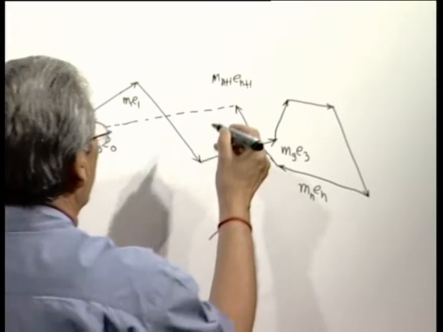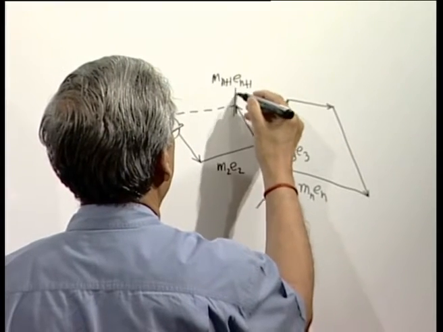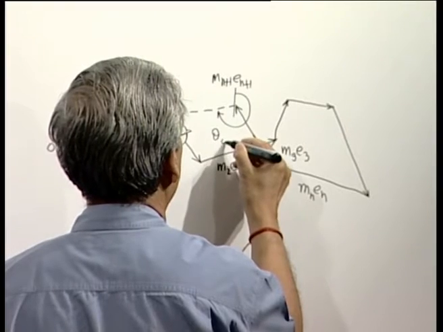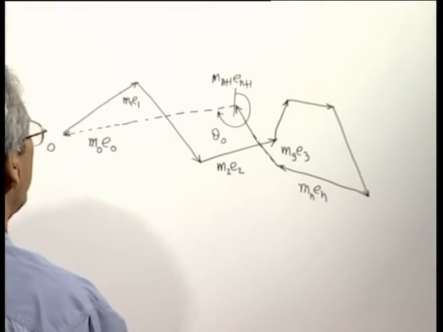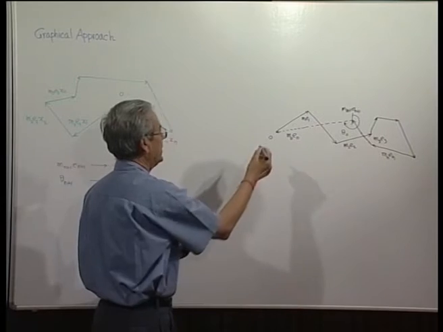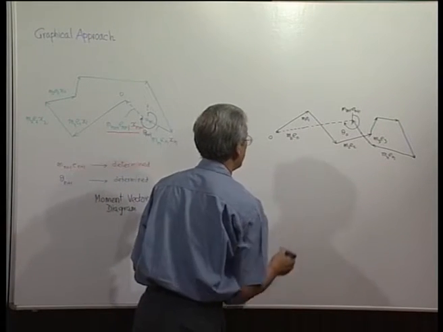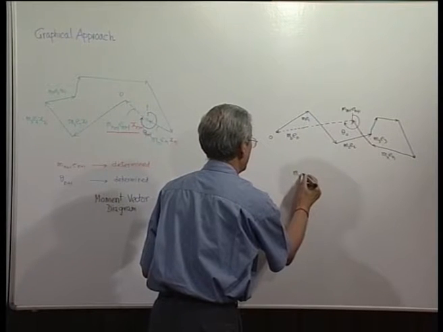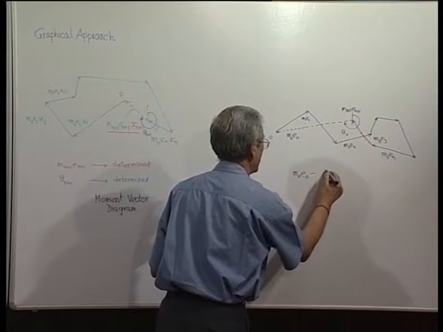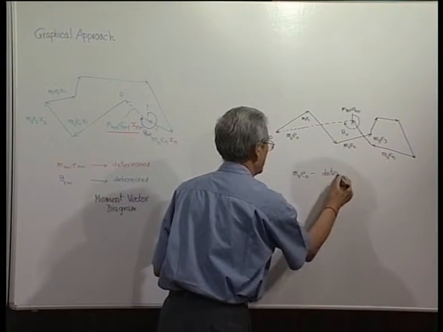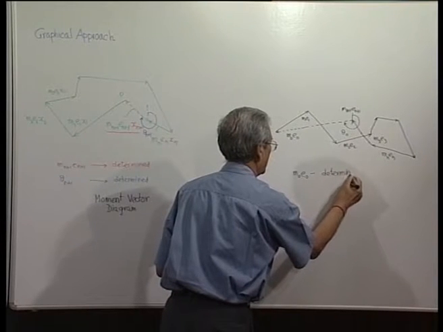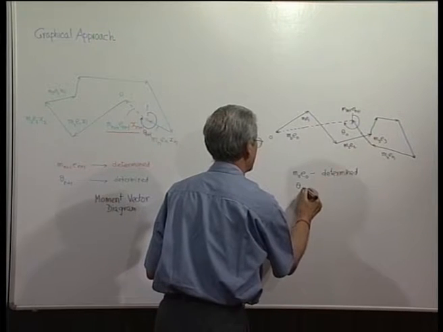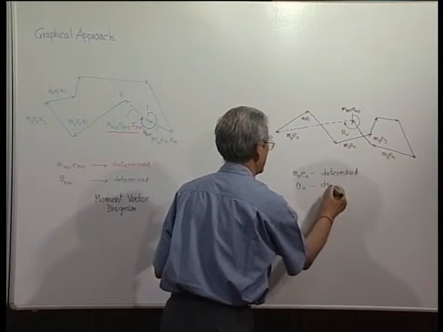Again, we find out its angular position theta 0 and its magnitude m 0 E 0. Thus, m 0 E 0 is determined and of course, theta 0 determined.